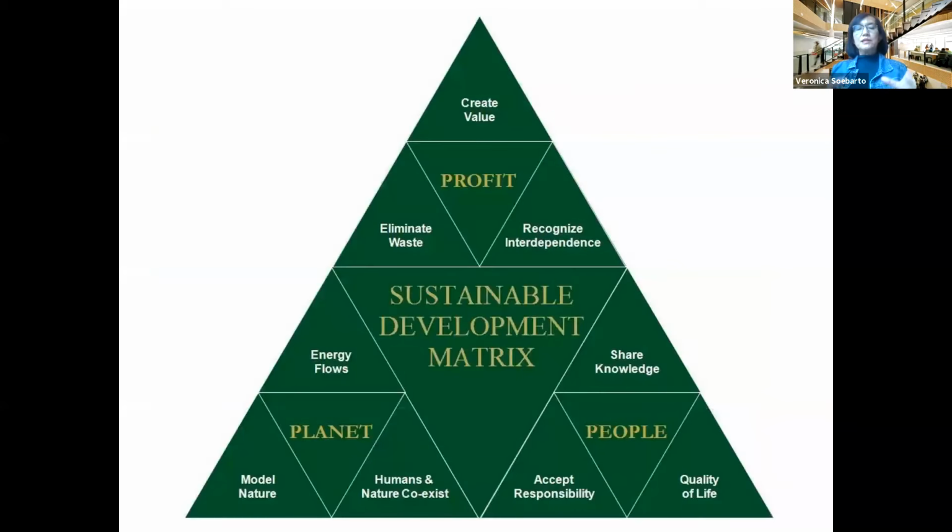He then put this matrix, which you can read, but I guess what is important is to look at the relationship between his matrix and the three aspects of sustainability. I think in a way it's calling the same thing. So this is about the environment, that's about the people, and that's about profit or the economy. So with the planet, you need to model nature, you understand nature and energy flows.